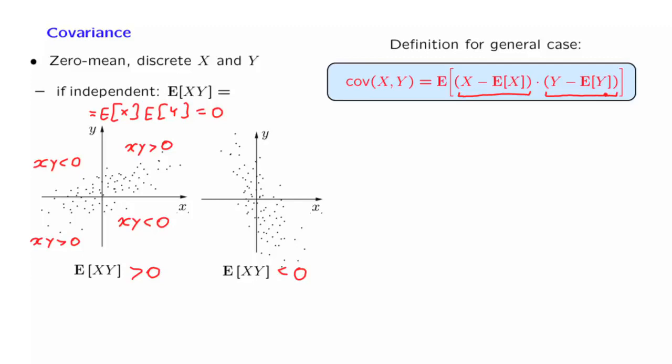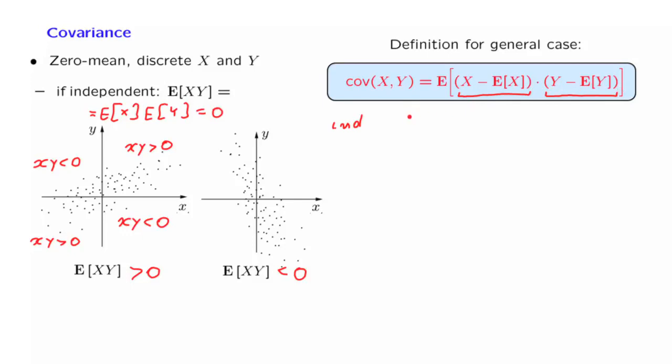Now, if the two random variables are independent, we already saw that in the zero mean case, this quantity, the covariance, is going to be zero. How about the case where we have non-zero means? Well, if we have independence, then we have the expected value of the product of two random variables. X and y are independent, so x minus the expected value, which is a constant, is going to be independent from y minus its expected value.